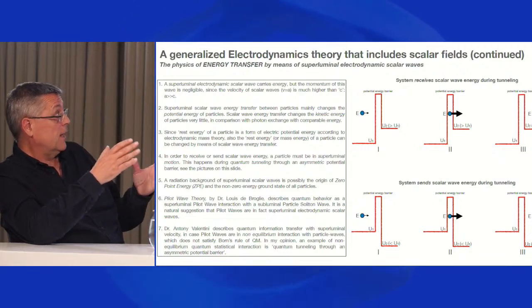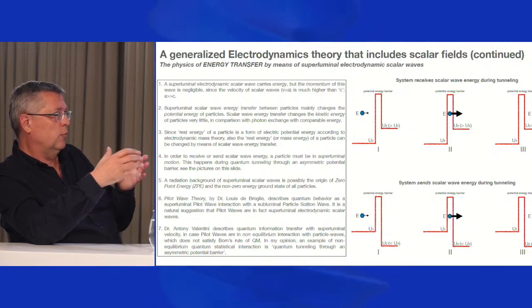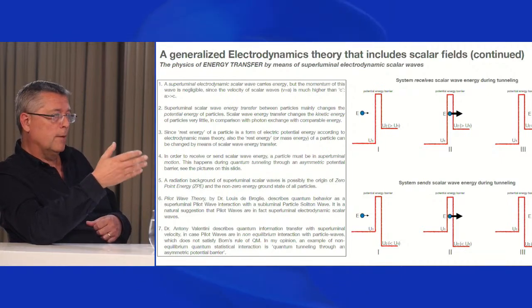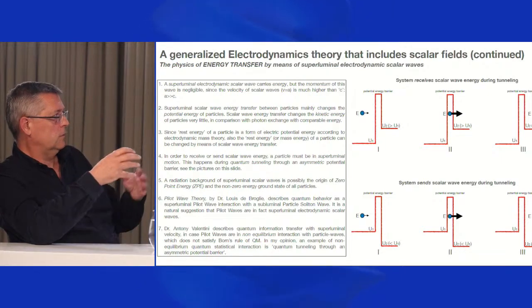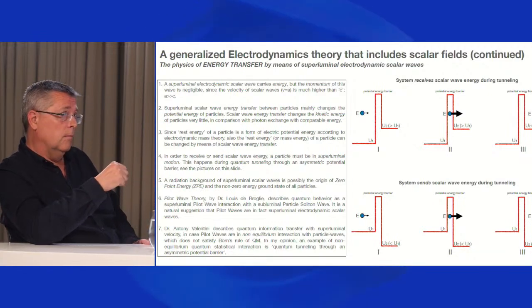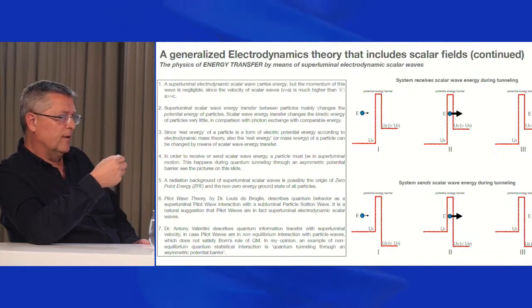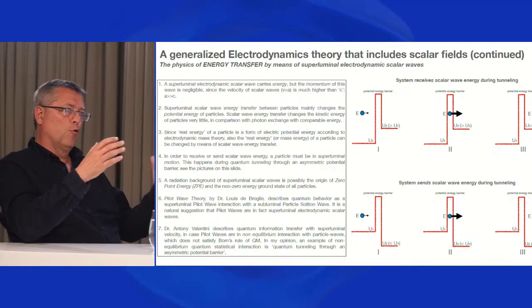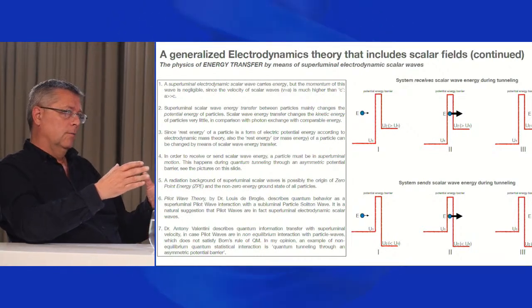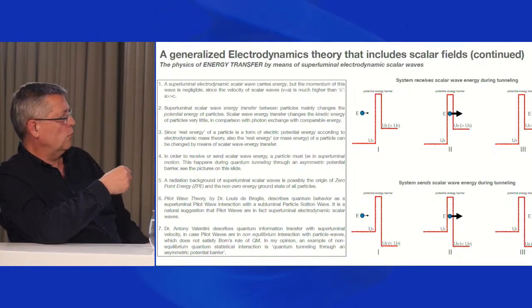But since the rest energy of a particle is also a form of electric potential energy, and okay, maybe within the Weber theory it's a bit different, that we also have an effective mass and so, but according to the standard electrodynamic mass theory, then mass is also a form of potential energy, of electric energy. So that could also change by receiving this type of scalar field waves or sending them out.